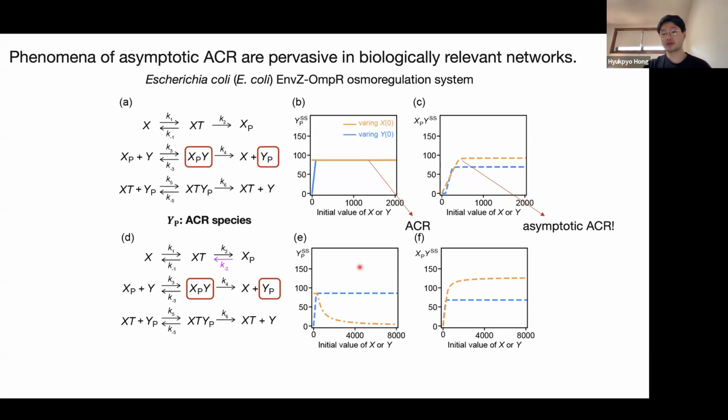But still, you can see that although the perfect ACR behavior changes, the steady state response curve along with changing value of Y0 still shows asymptotic ACR. So this corner is kind of a smooth corner. And then the asymptotic ACR behavior of this XPY species still remains.